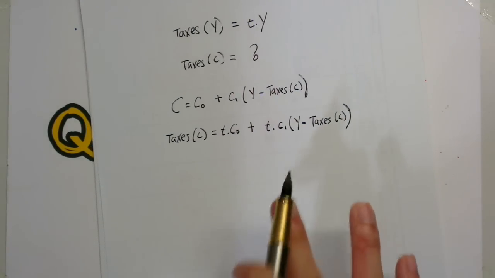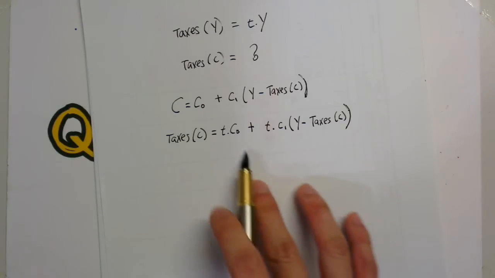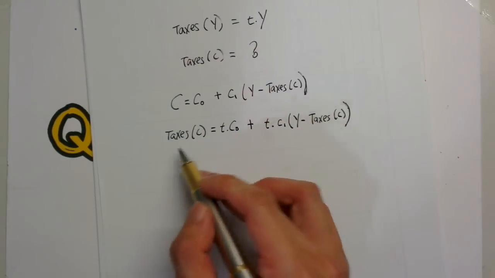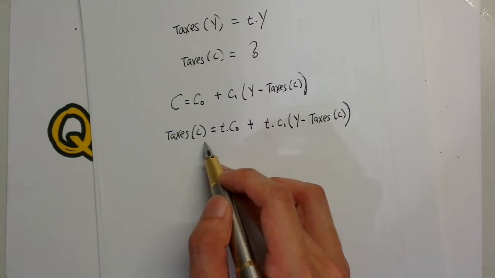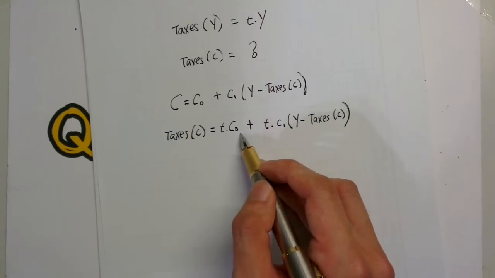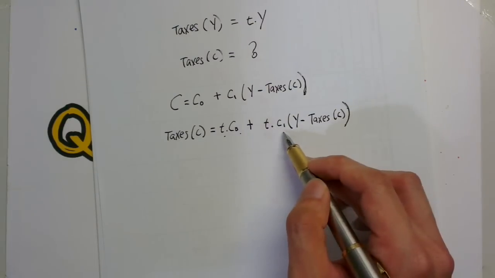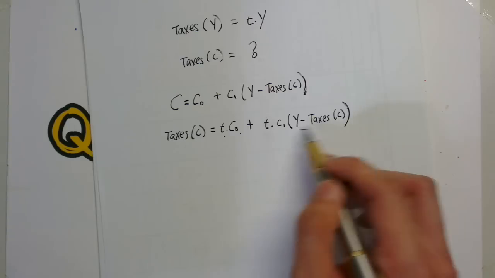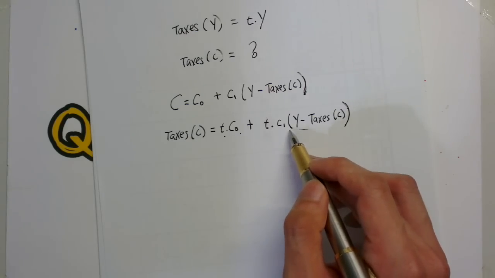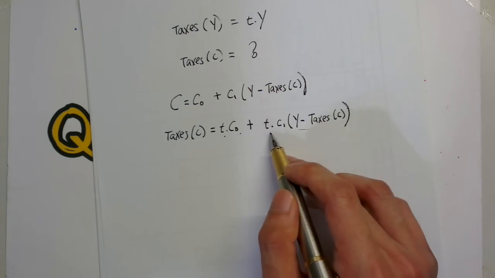So digest this a little bit. Okay, basically, to break it down again, the total amount of taxes that the economy pays is the autonomous consumption amount multiplied by the tax rate, plus the disposable income multiplied by how much of the disposable income I'm going to spend, multiplied by that tax rate.